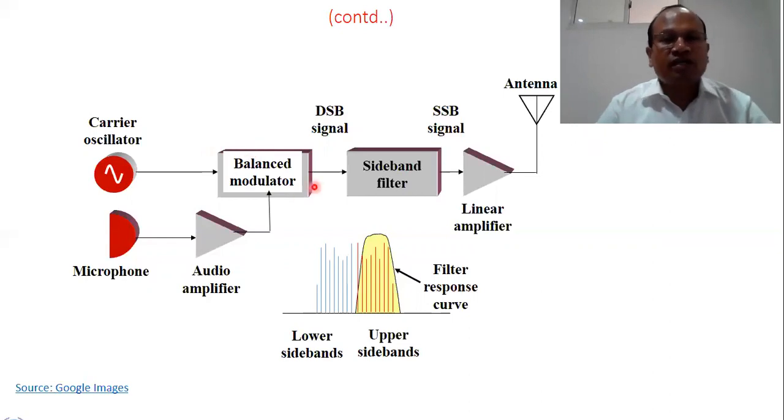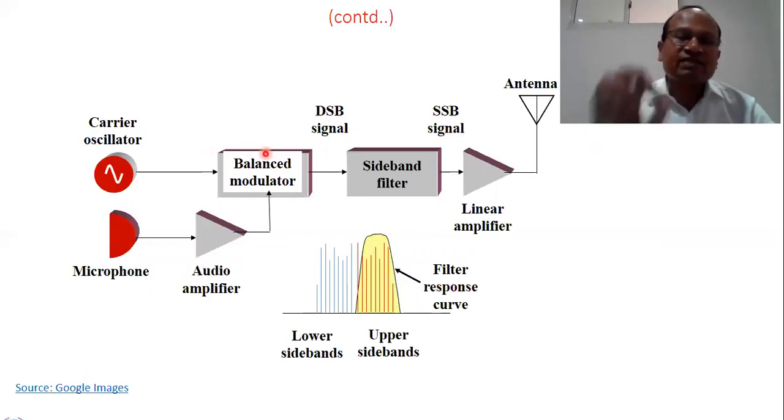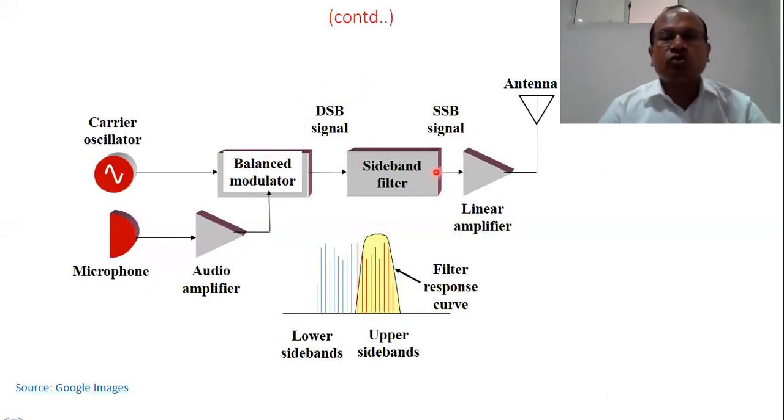This balanced modulator generates a DSB-SC signal, which is passed to the sideband filter. When it is passed to the sideband filter, SSB is generated.